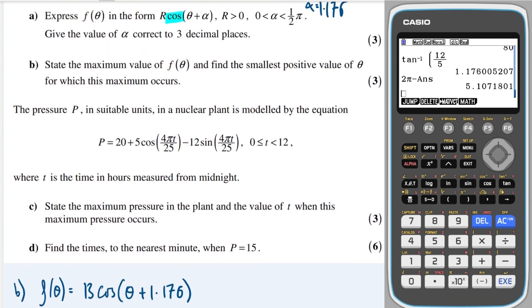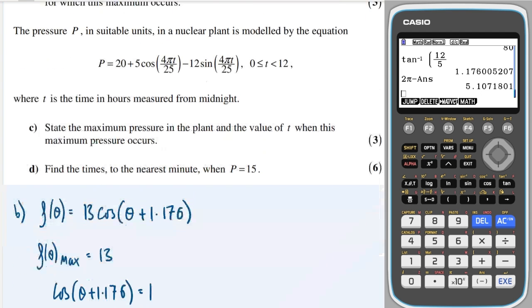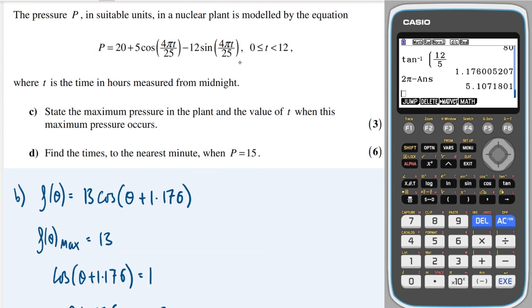Okay, let's move on to part C. We've got this new function p, which is very similar, but let's just figure out what's changed. Well, obviously we've added on 20, but we've replaced theta with 4 pi over 25t.